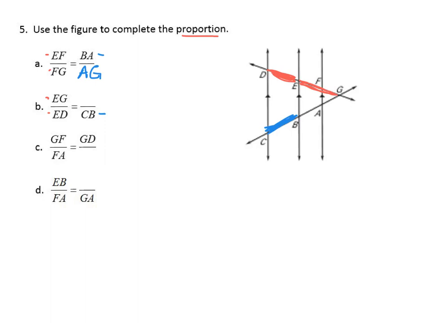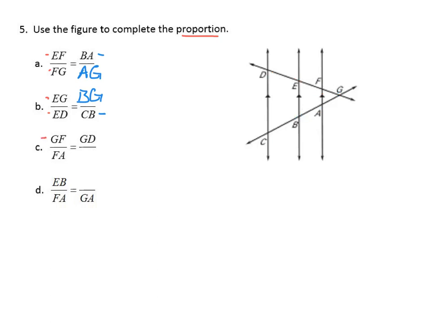Okay, so I can see that these 2 go together in my proportion. So the last piece I want to go with, if I want to match up with EG, is going to be BG right here. So I'm essentially just trying to match up the parts that I know are going to go together in my proportion.